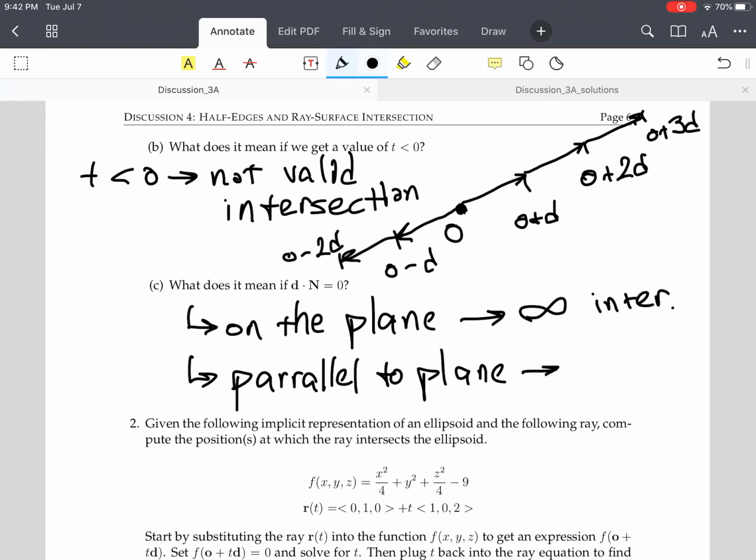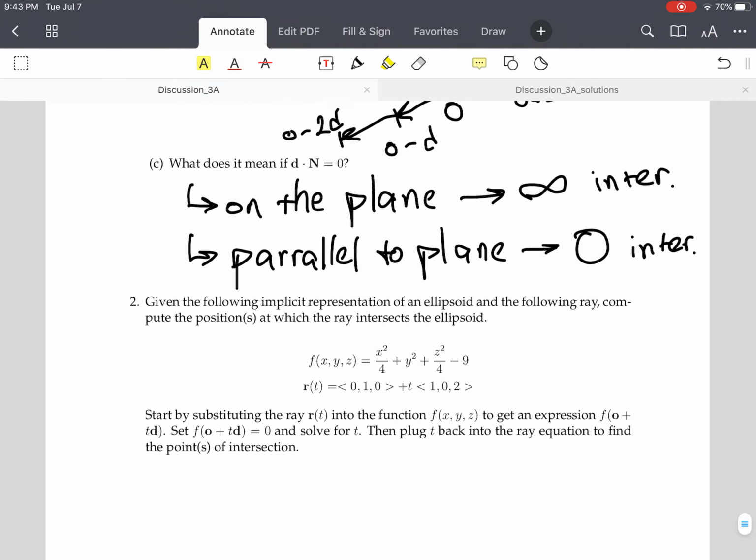And if it's parallel to the plane, there are 0 intersections. Okay? So if the ray's direction vector is perpendicular to the normal vector, it either has 0 intersections or intersects everywhere for all values of t. Another useful fact to keep in mind: this doesn't end up happening nearly as much for other shapes. For circles, things like that, you won't have it, but it will happen for triangles, and it's a good idea to keep it in mind for planes also.